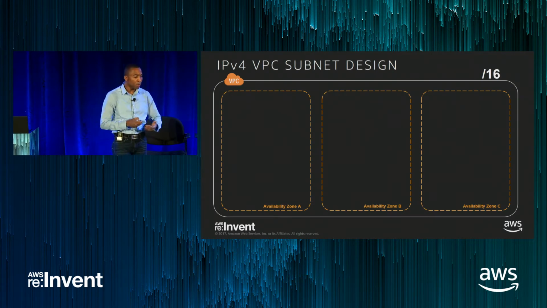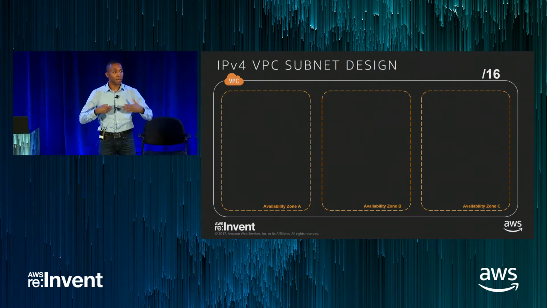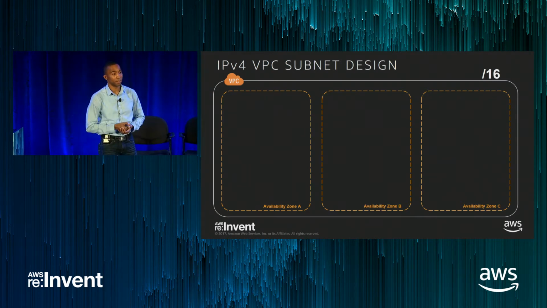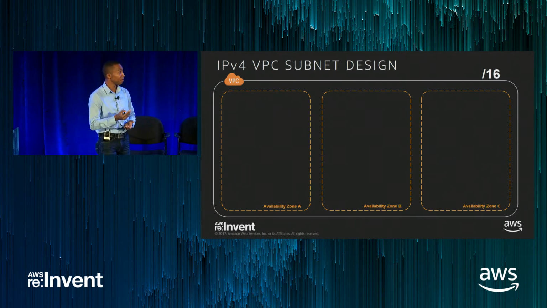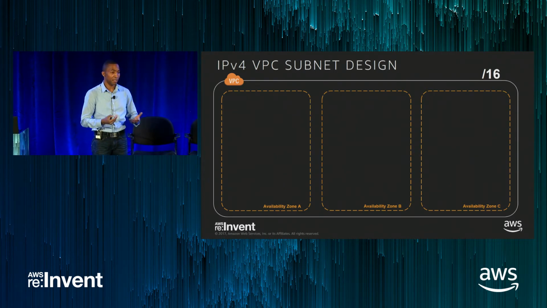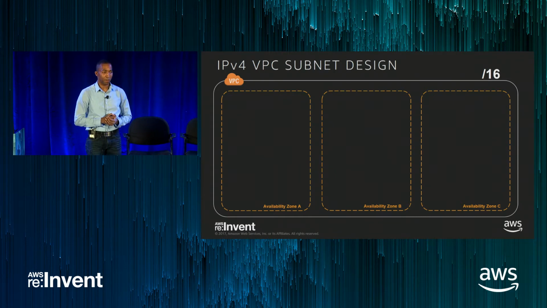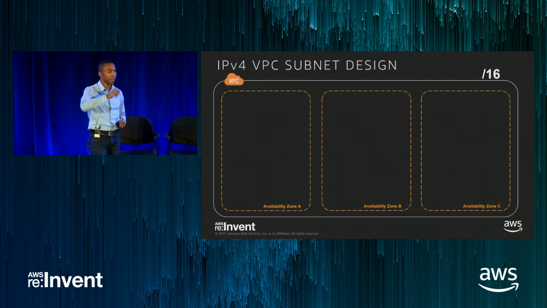So, what do we recommend? We recommend treating a subnet as a container for routing policies. So, instead of using a subnet to isolate applications, I think about what does my application need to interact with? Does this application interact with users online? Should my users have the ability to actually initiate communication with my application?